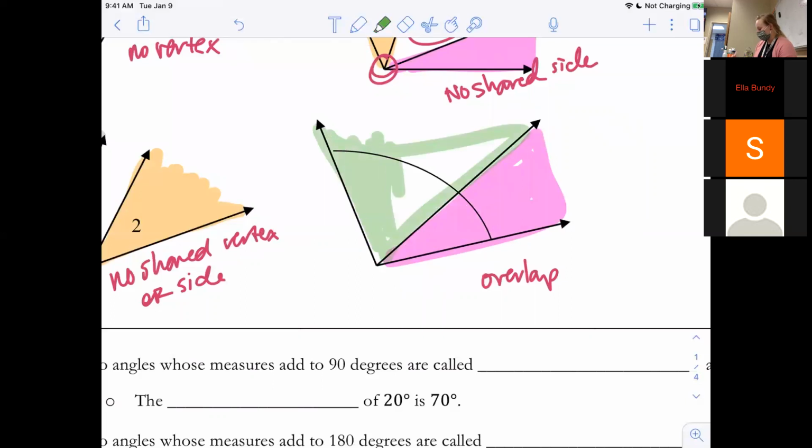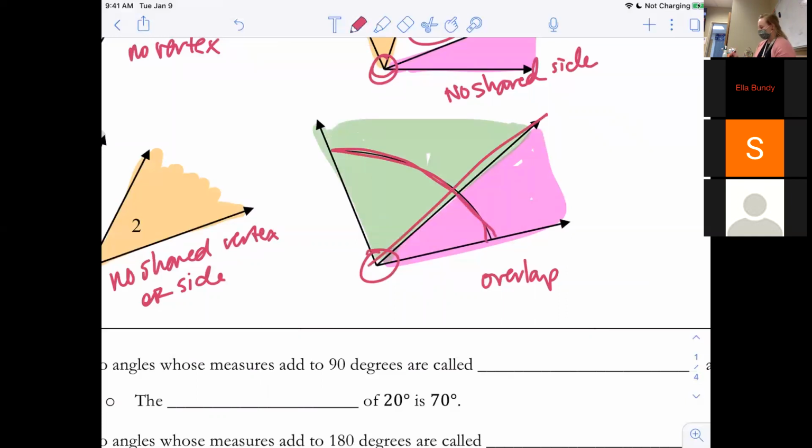Are these adjacent? Yeah, right. This is a good example. This vertex, this side is the same. There's no overlap. The reason I have this big line though is to remind myself to color over all of one of them to show the whole thing and then something inside of it, those don't count as adjacent.